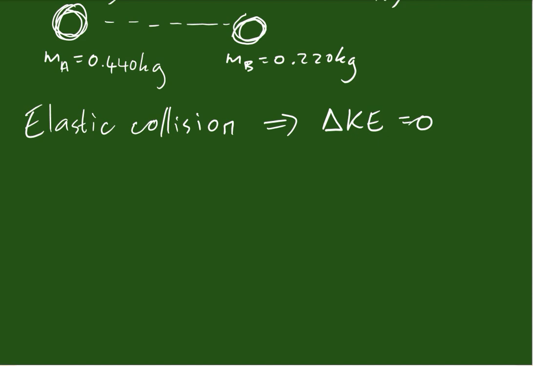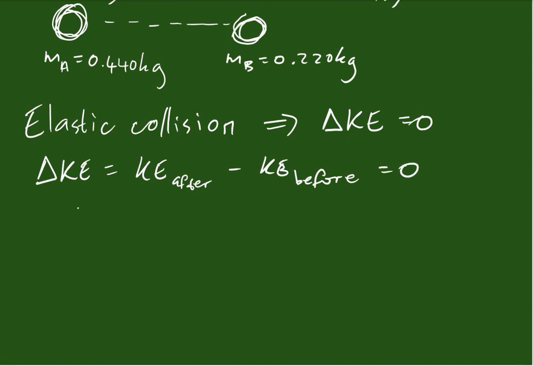So let's just write this. The change in kinetic energy is the kinetic energy after the collision minus the kinetic energy before the collision. And if that equals 0, then that means kinetic energy after is equal to kinetic energy before.